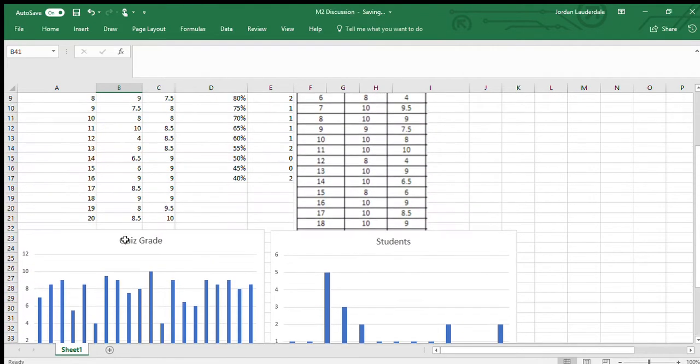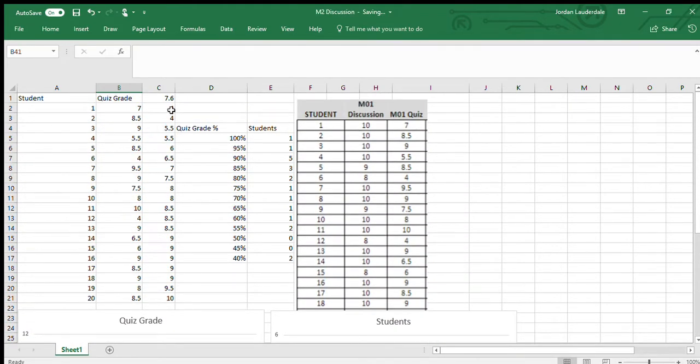And quartiles, we can do by looking at the median. So if we look at our separation right here, all we have to do to find quartiles is to separate this amount into half again. So we're going to do 10 divided by 2 is 5, so each quartile is going to contain the information of 5 students. So I'll highlight one quartile here. We have 1, 2, 3, 4, 5 students.